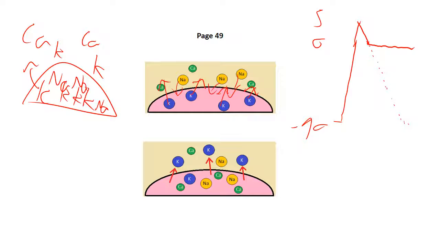As the potassiums are jumping out and the voltage is trying to return to -90, a couple of the calciums start to come in. In this phase, calcium moves in as fast as potassium is moving out, and they cancel each other out and hold us right here at this 0 millivolts phase.